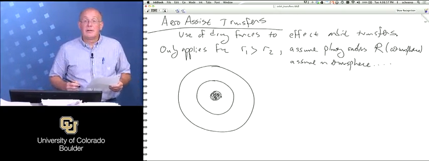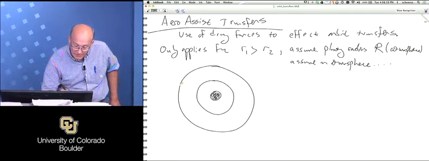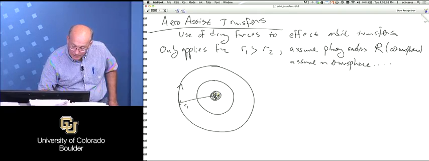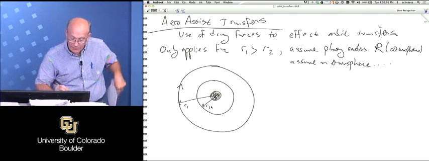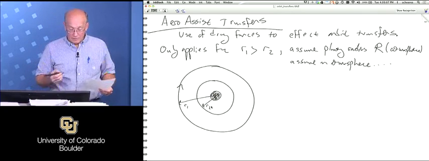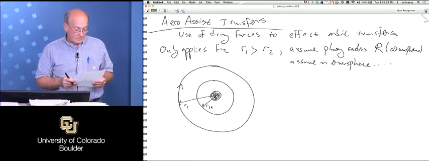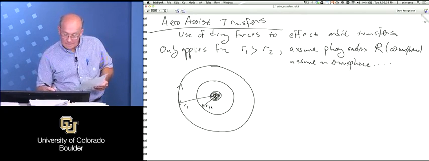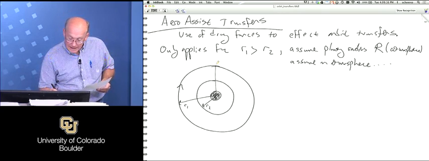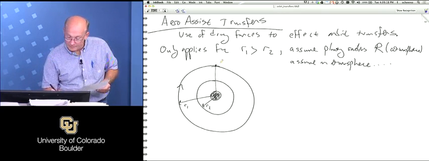So here's the situation. We have 2 radii, R1 and R2. So now we have R1 greater than R2. I guess this is what we had before. And the idea is pretty straightforward.